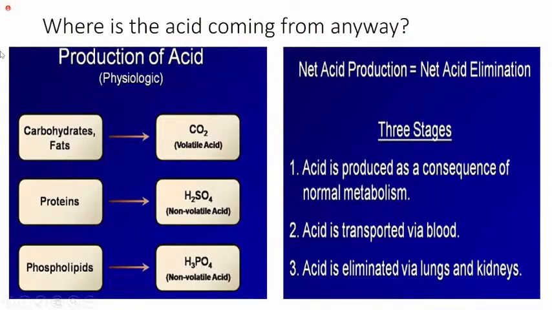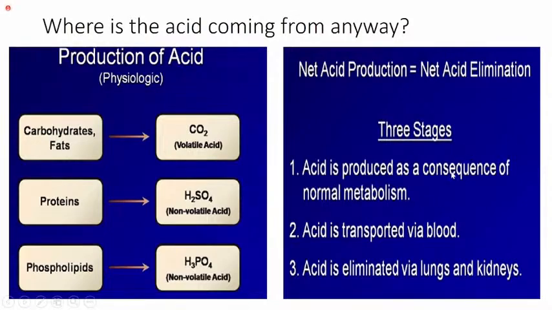The good thing with CO2 is that it is volatile, so it can be blown off by the lungs. But these other non-volatile acids will require buffering. Eventually, net acid production from your metabolism within the body should equal net acid elimination to maintain your pH within normal. So basically, it's a three-stage process.